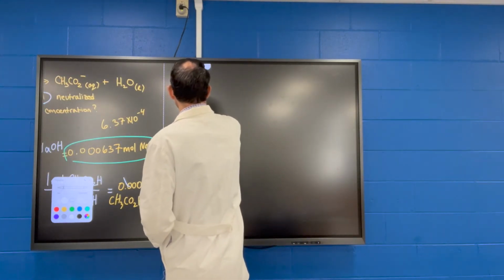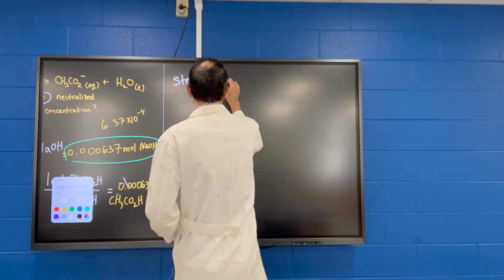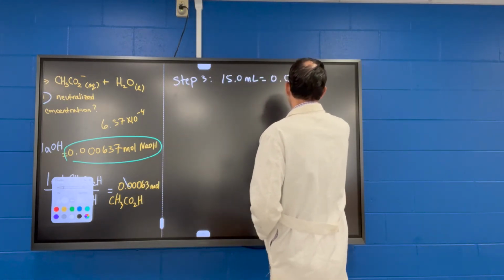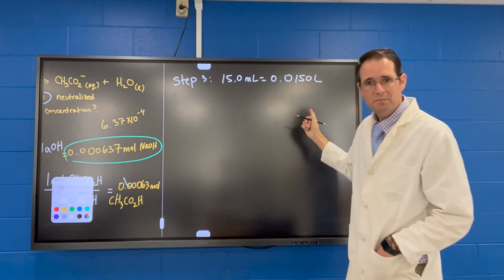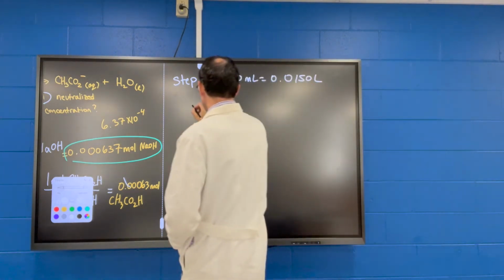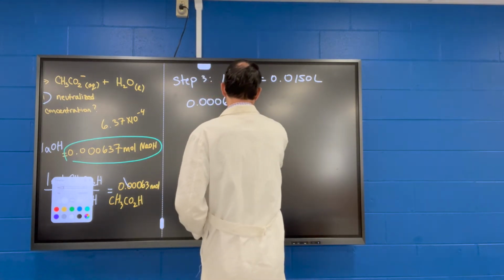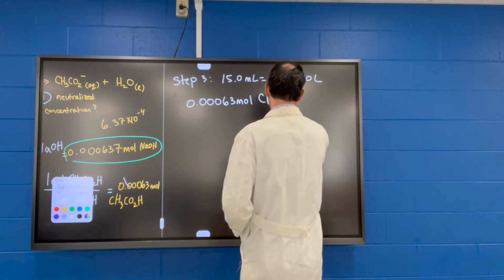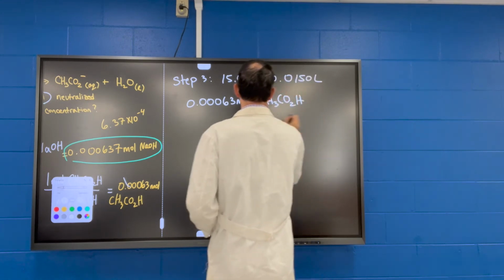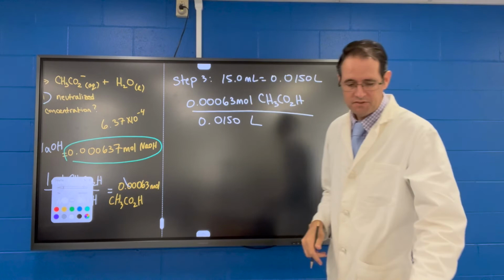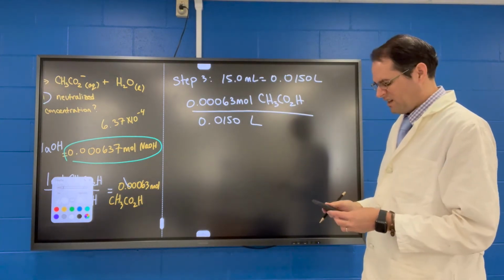So step 3. We have 15 milliliters. That's this many liters. And we have this many moles of acetic acid per that many liters.